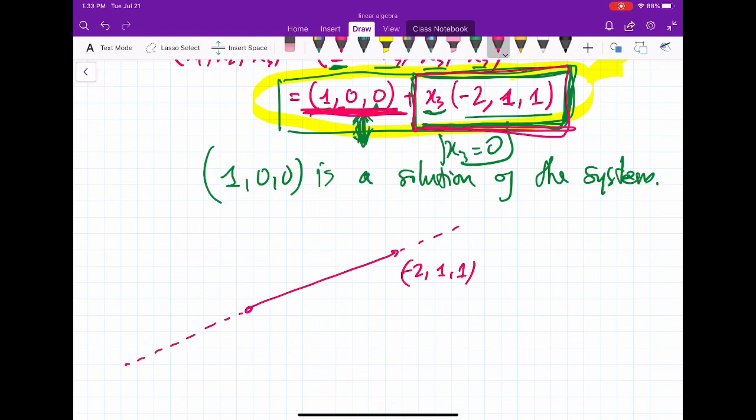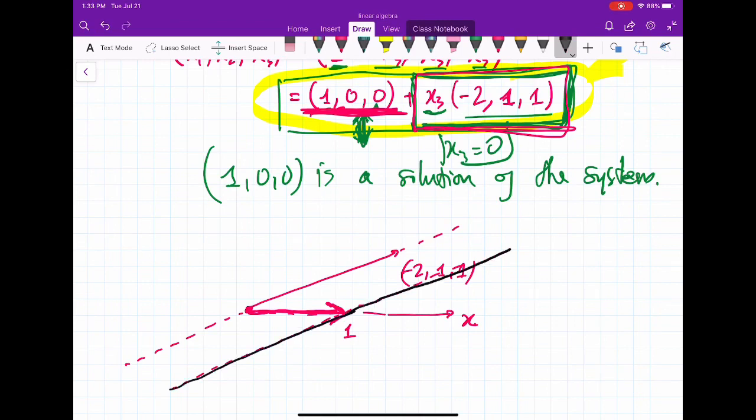You move along the x-axis. Let's say this is the x-axis, and here you move along the x-axis. This is 1, so that's what you get. And this is the solution set of your original system. Okay, this is 0. Does that make sense?